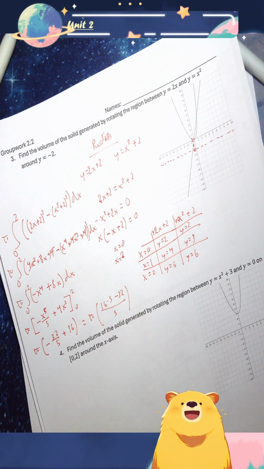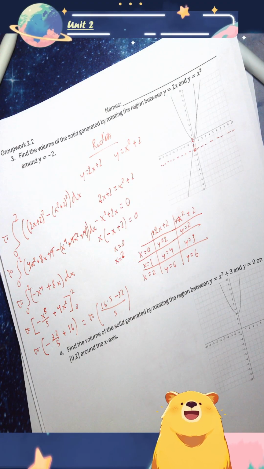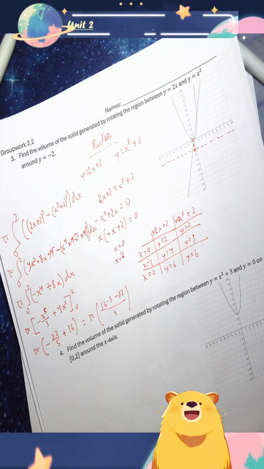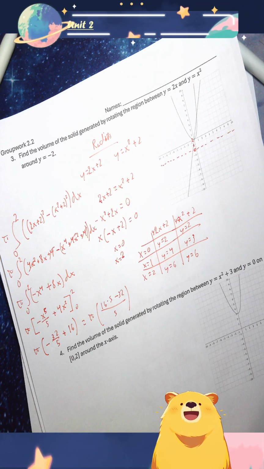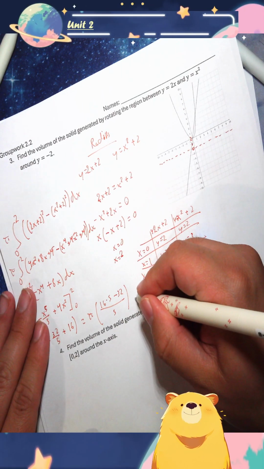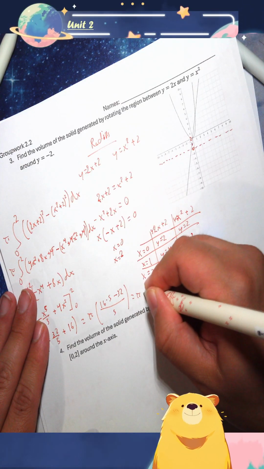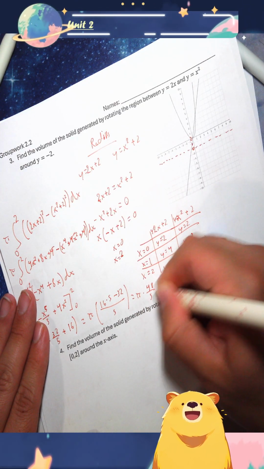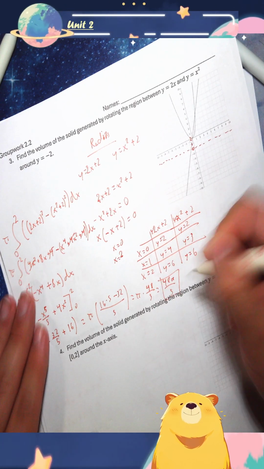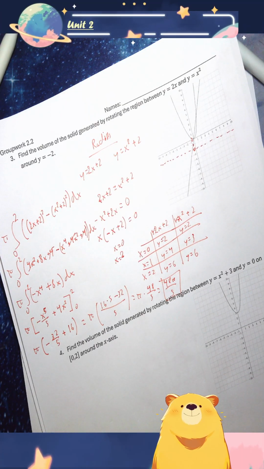I believe I will still have a positive area, which is a good indication that you're doing this problem correctly. So you'll get pi times 48 over 5, which is 48 pi over 5. Okay.